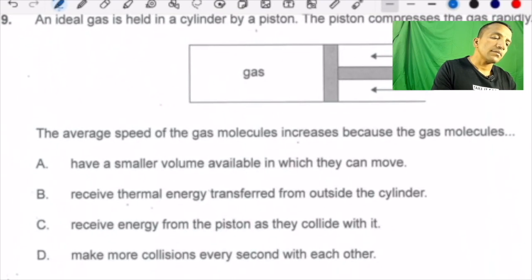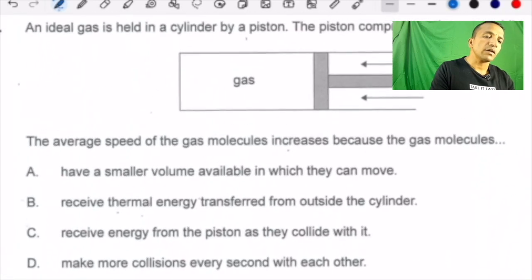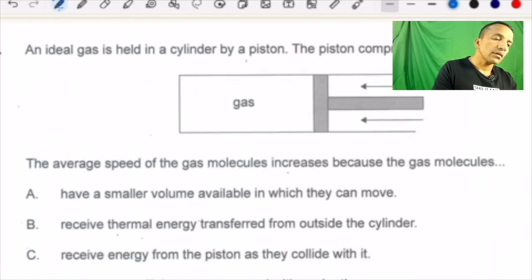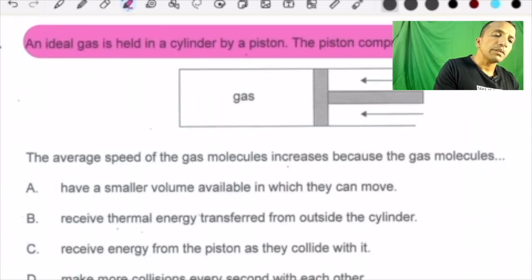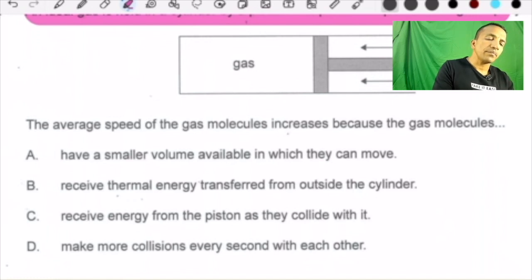Question number 9. I find this to be a difficult question. An ideal gas is held in a cylinder by a piston. The piston compresses the gas rapidly.